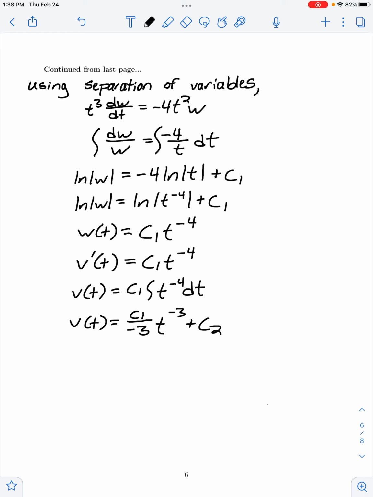So we usually choose easy or simple constants that would make this v of t expression clean up nicely. So for this particular problem, I might look at v of t where c1 is negative 3, so that I get rid of my fraction out in front of t to the negative third, and c2 is 0.